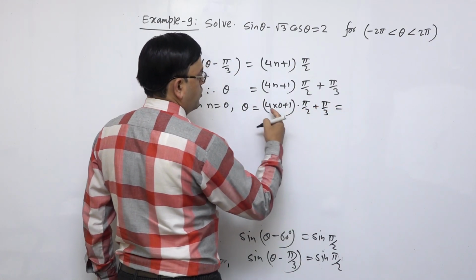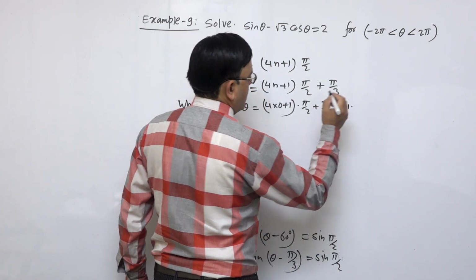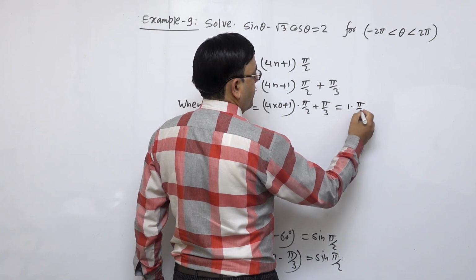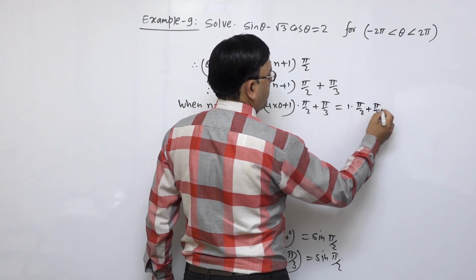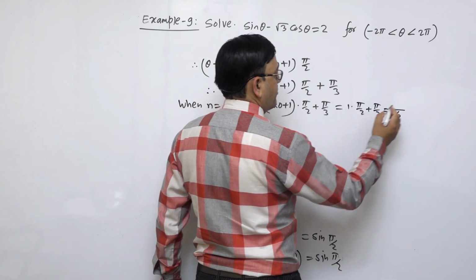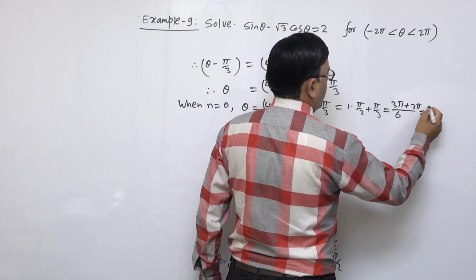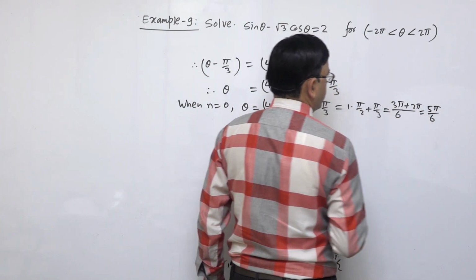This is equal to 4 times 0 is 0, 0 plus 1 is 1, so 1 times pi by 2 plus pi by 3. We can take LCM, which is 6. So we have 3 pi plus 2 pi, so 5 pi by 6.